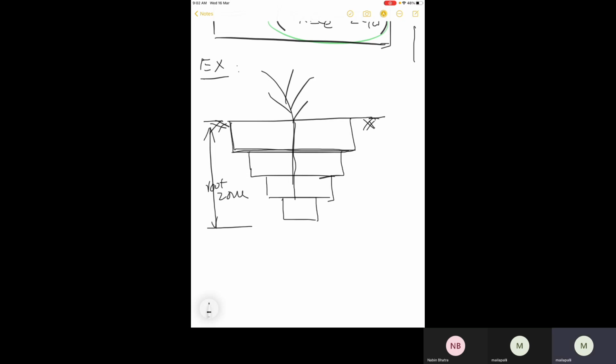So in the question, generally the root zone has been divided into 4 quarters. Let's say this is the first quarter, second quarter, third quarter, fourth quarter. From the first quarter, generally there is 40% of the ET, what you are showing here, evaporation.